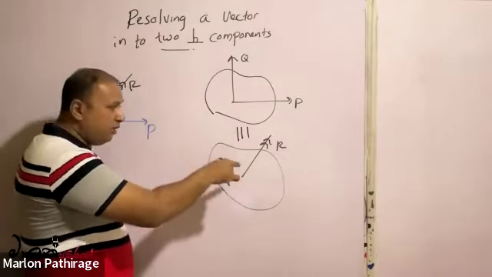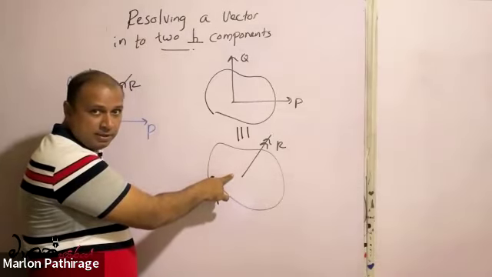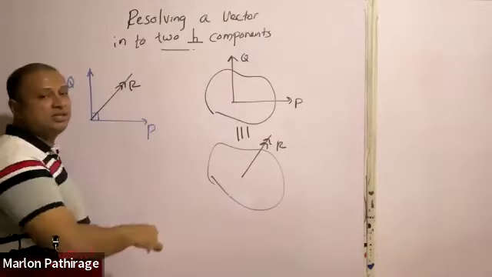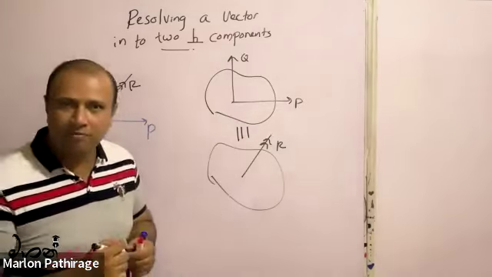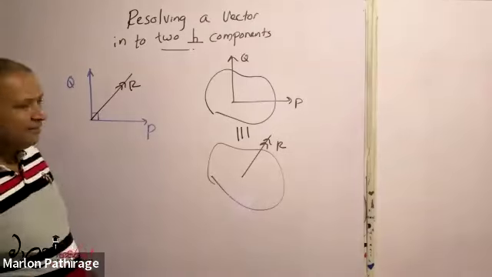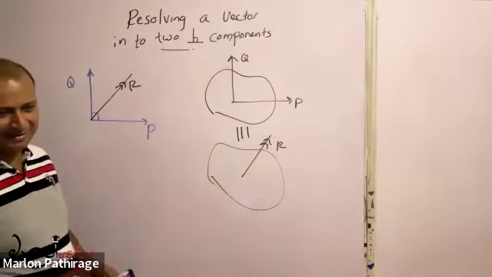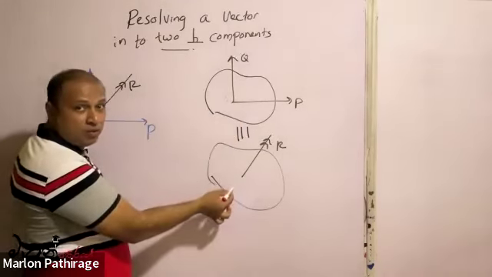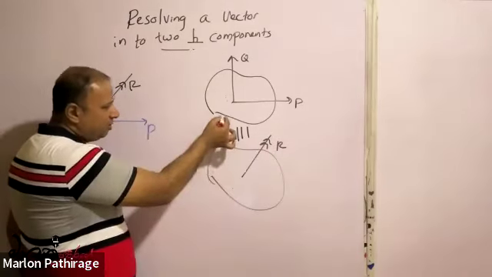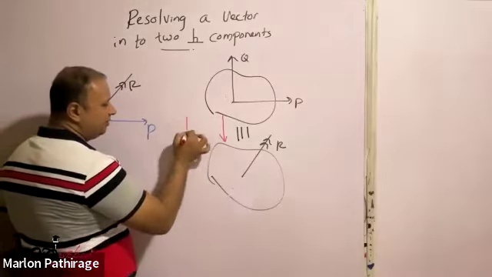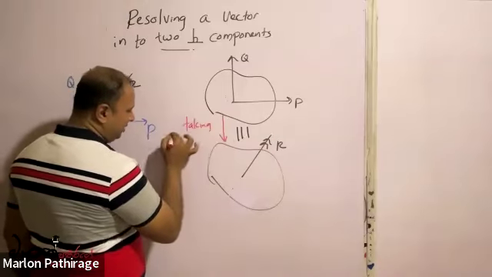In other words, it can be replaced by this kind of system. Did you get my point? Yes, sir. Okay. So if you are given this kind of system and you reduce these forces into one single force, it is called taking resultant.